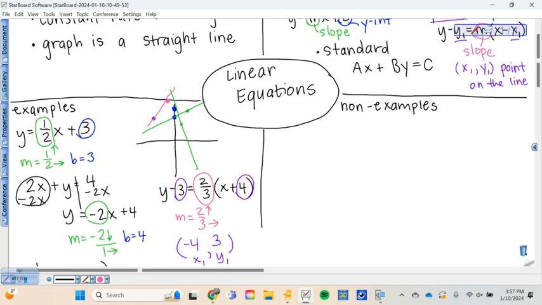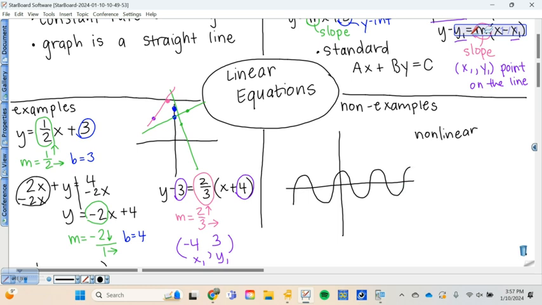Any questions on that? Anything you want me to explain again? Okay. So then a non-example would be anything that is non-linear. There are more non-linear types of equations than there are linear types of equations. There's like the sine and cosine curves that look like this.